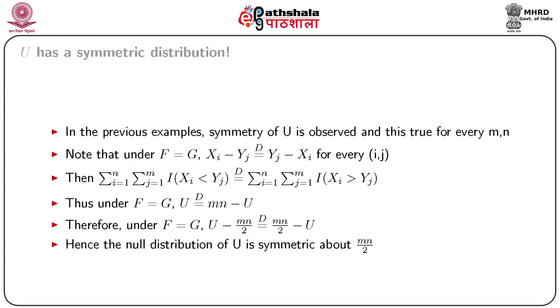Since the summation of indicator xi greater than yj is nothing but mn minus u, we have under f equal to g, u and mn minus u have the same distribution. That is, u minus mn by 2 and mn by 2 minus u have the same distribution. Therefore, the null distribution of u is symmetric about mn by 2. Then it doesn't matter whether we use the differences xi minus yj or yj minus xi while performing tests of hypothesis.